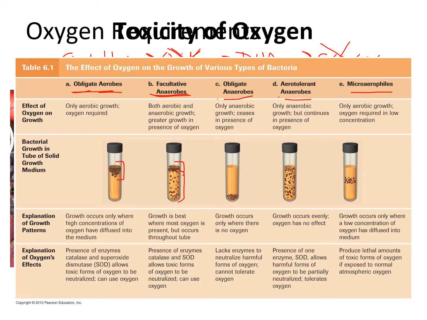But what you will see is more growth in an oxygenated environment, because using aerobic respiration, they can produce up to 38 ATP per glucose molecule, whereas in an anaerobic environment, they can only perform fermentation, which gives them only 2 ATP per glucose molecule. So they grow much better when they are in an aerobic environment.